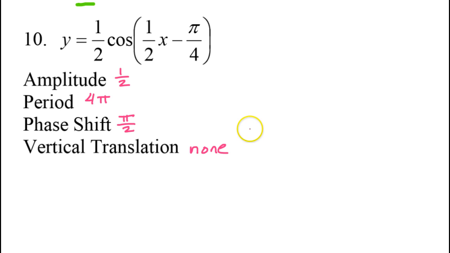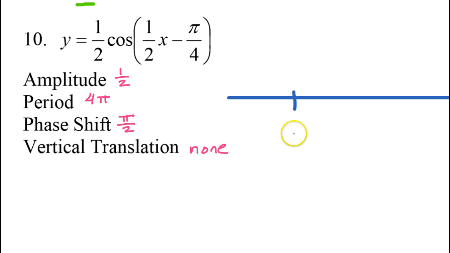All right, and now we're ready to start the graph. The first mark on your x-axis will be the phase shift. So I'm going to put my first mark right about here, and I will go ahead and call this pi over 2.